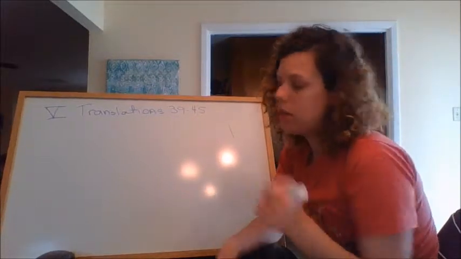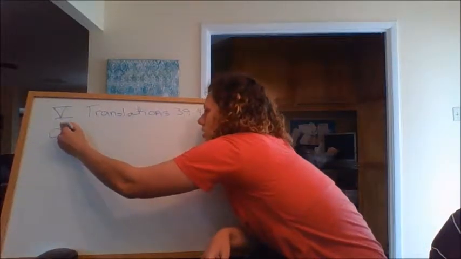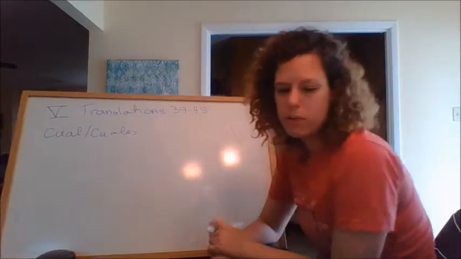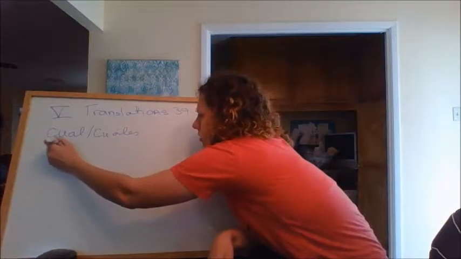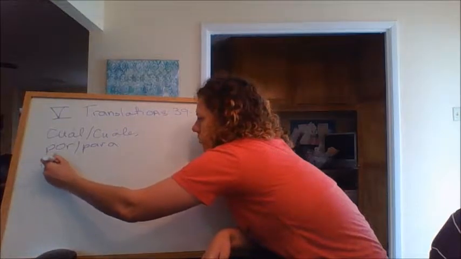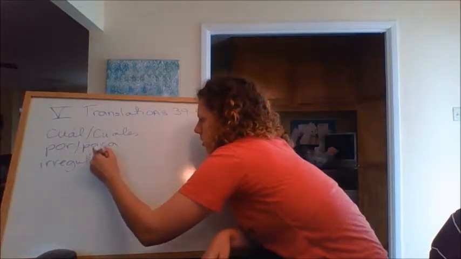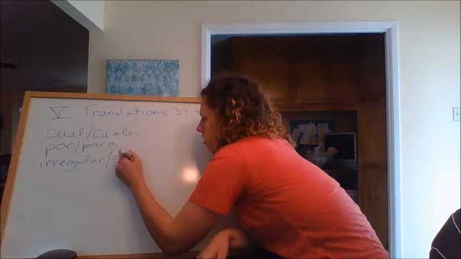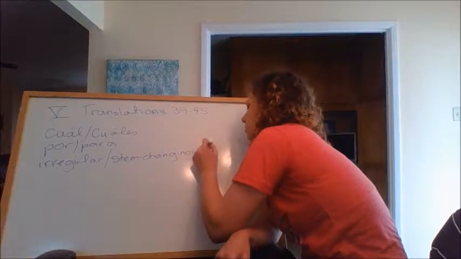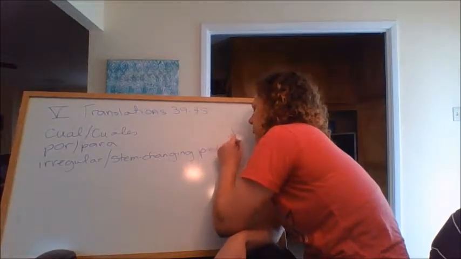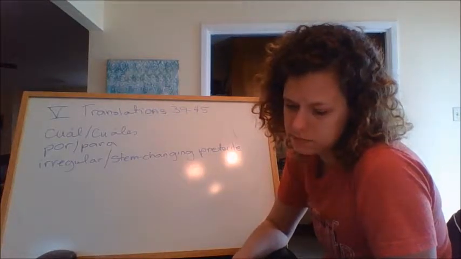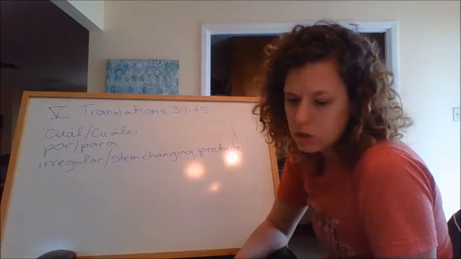These are going to be dealing with cuál, cuáles. They're going to be dealing with por and para. They're going to be dealing with irregular and stem changing preterite. And I believe that's it. Okay, so really that's it.